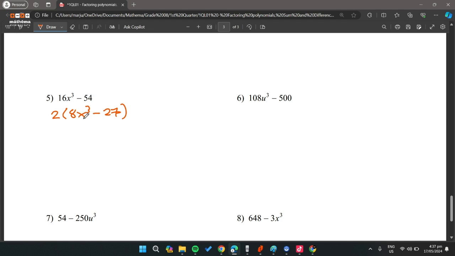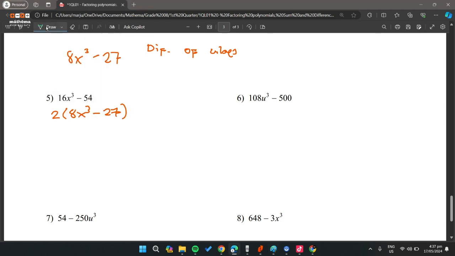So again, we have here 8x cubed minus 27. If you're going to look at this one, this is actually the difference of two cubes. Now, how do we factor out the difference of two cubes? What we are going to do is simply this.